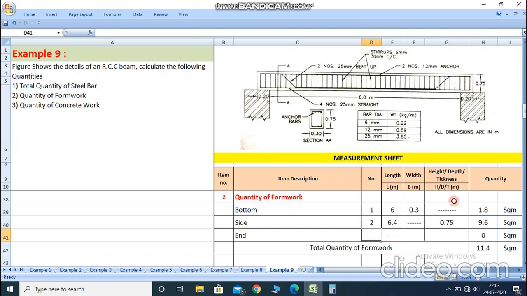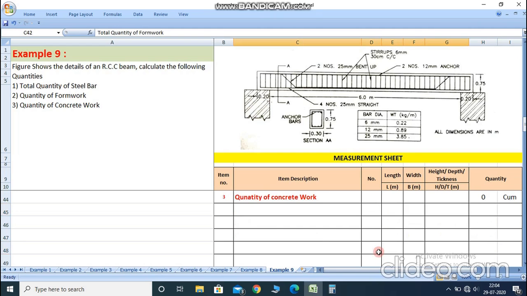And the end part, at the left side and the right side, both sides formwork is required, so we write 2, and the width is 0.3, already given in the section, and the height is 0.75. So the total quantity of the end formwork is 0.45 square meter. The summation of 1.8, 9.6 and 0.45 is 11.85 square meter, the total quantity of formwork.